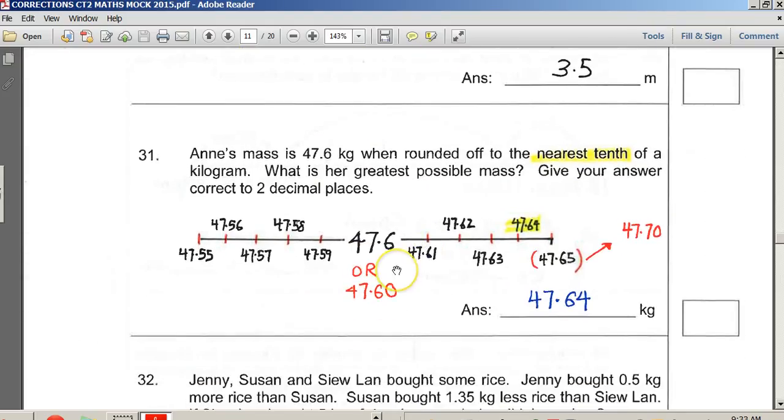Now for this, many of us had forgotten that it is not as easy as you see, right? Amy weighs 47.6 kilograms, when rounded off to the nearest 10. It means her actual weight is not 47.6, which is here, right?